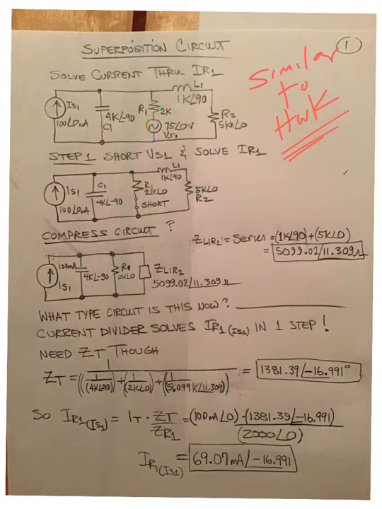Step 2, we want to find the current through IR1, which is right here in the middle of the circuit. So we take this branch, and it's in series, and simply add 1K at 90 plus 5K at 0 to get our total.